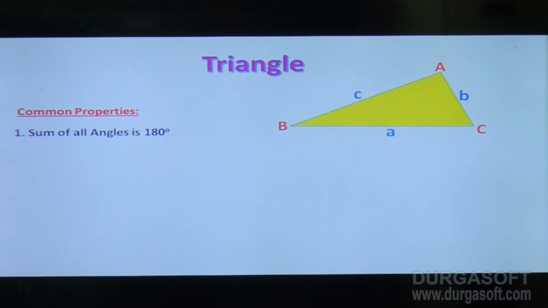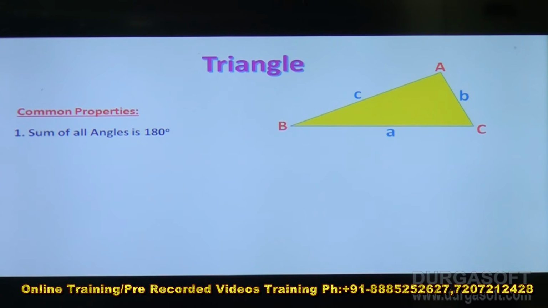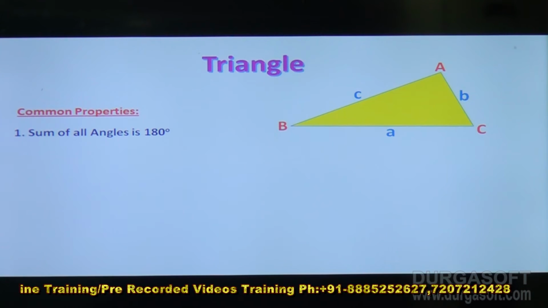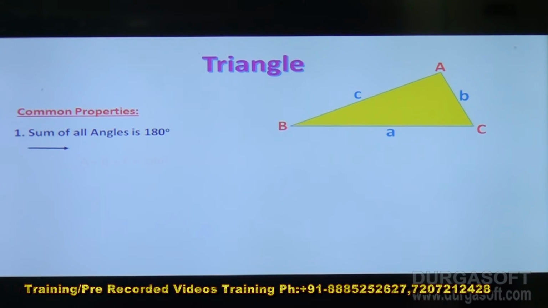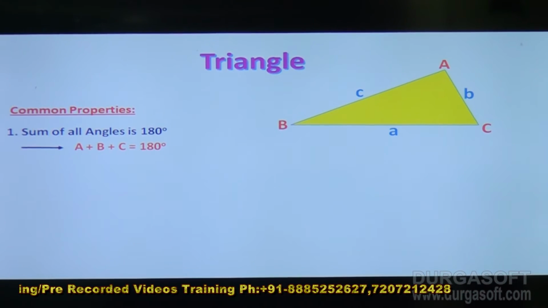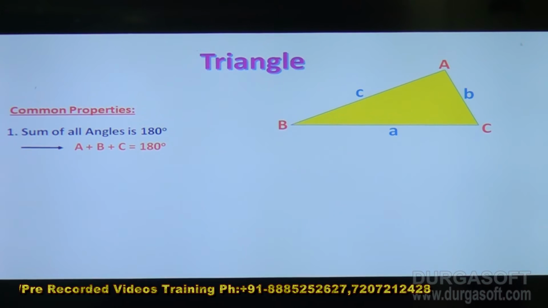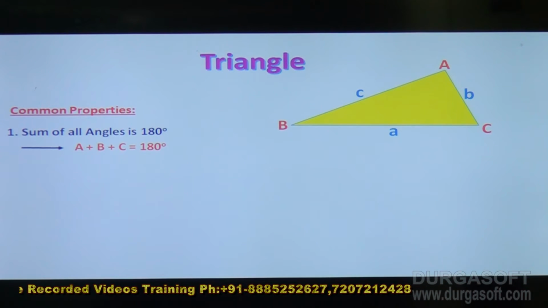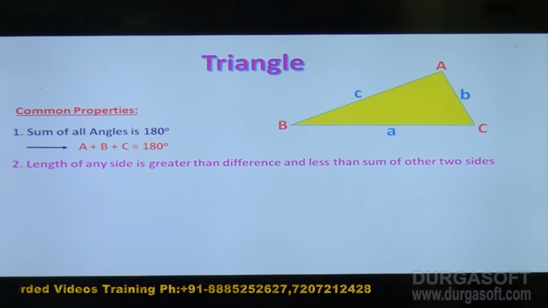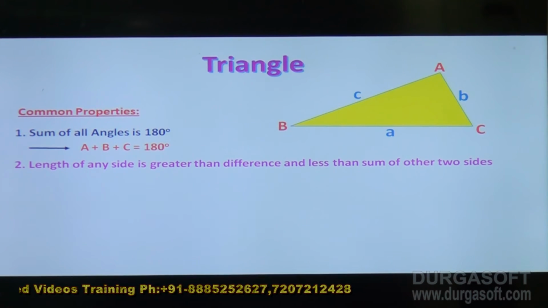The sum of all angles is 180 degrees, we all know, and capital A, B, C we are treating as angles. So A plus B plus C is giving us 180 degrees, because the sum of all angles is 180 degrees.